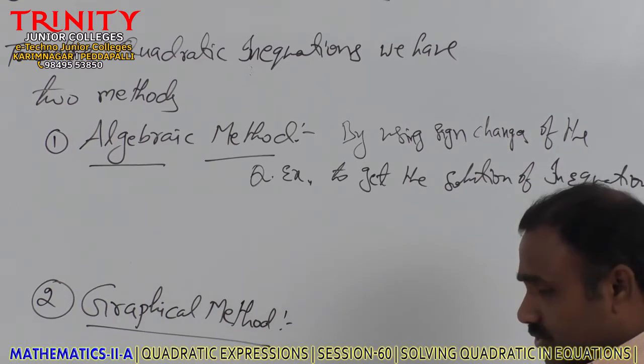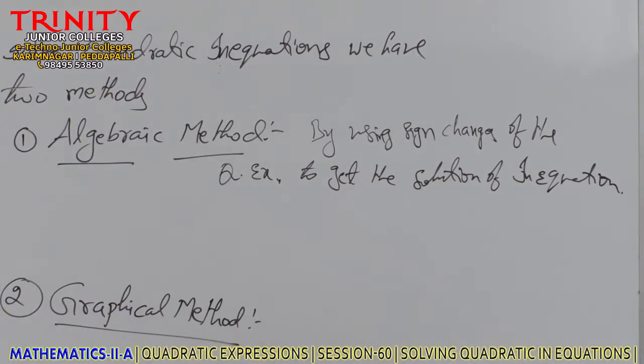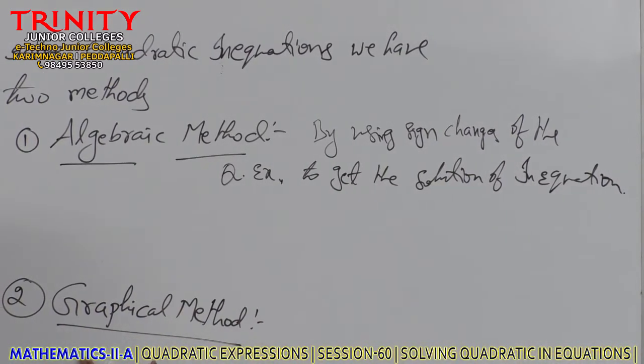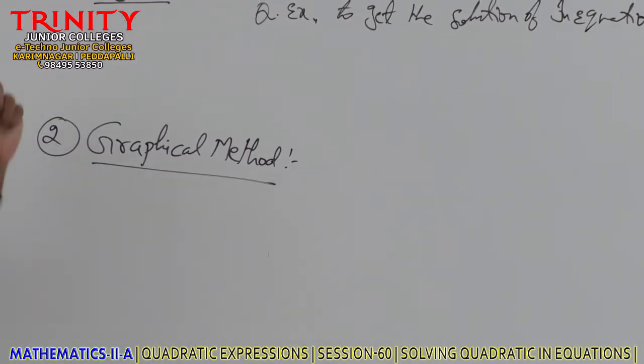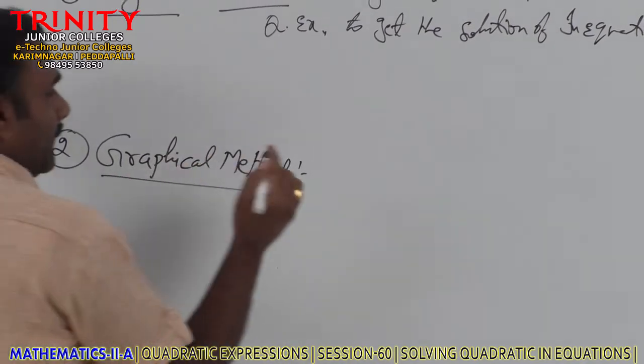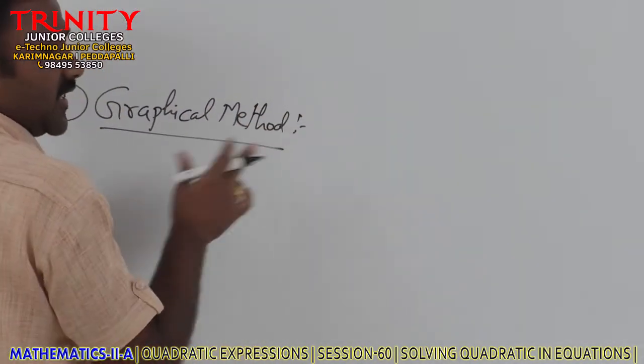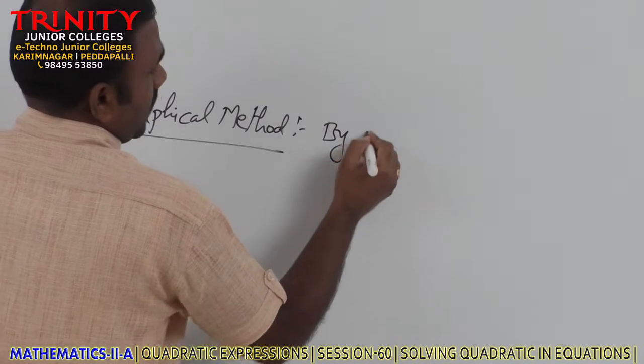Coming to the graphical method, we will take some values of x. According to that, we will find the values of the expression x square plus bx plus c. We'll draw a graph and we'll get the solution of the quadratic inequation by using the graph.